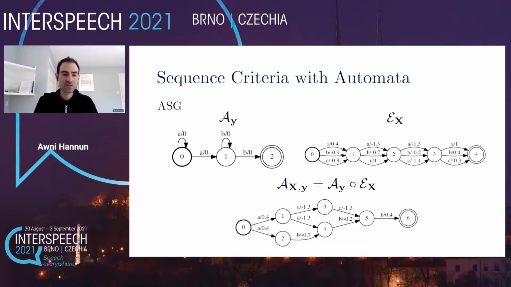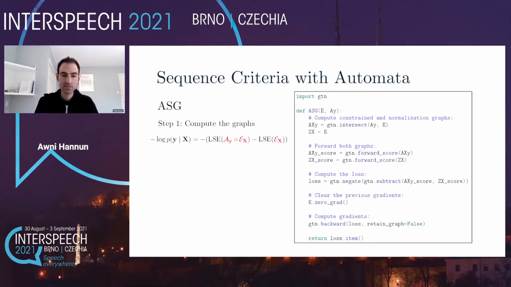That intersection, which you see at the bottom of this slide, represents all possible alignments between AB and the input of length 4. And not only that, if you follow any given path in this graph, the score of that path represents the score of the corresponding alignment, given the emission scores in the emission graph. So now I have this input and output constrained alignment graph, A sub xy. That's the main idea.